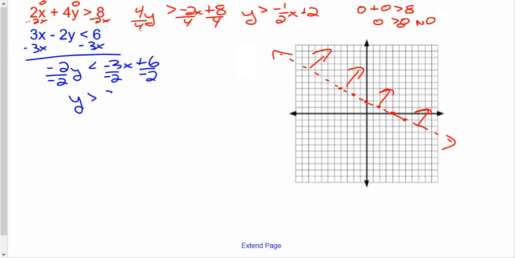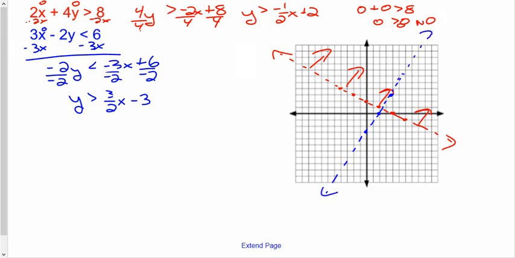Negative 3 over negative 2 becomes positive 3 halves x. 6 divided by negative 2 is negative 3. So we're now graphing y is greater than 3 halves x minus 3. So we're going to go down to negative 3, up 3 over 2, up 3 over 2. Again, drawing a dashed line through those points, extending it all the way to the edge.